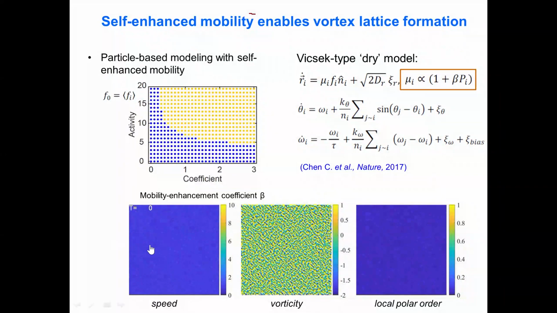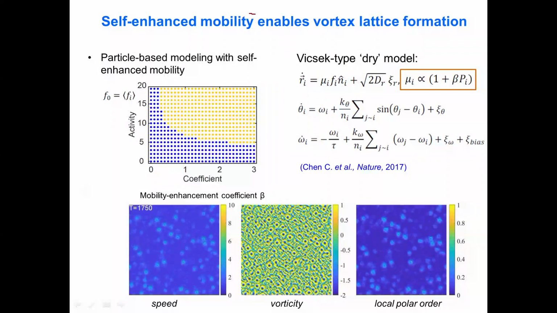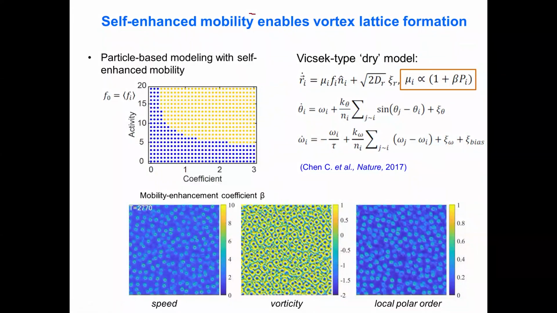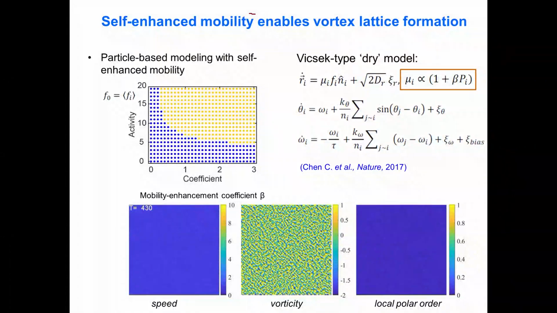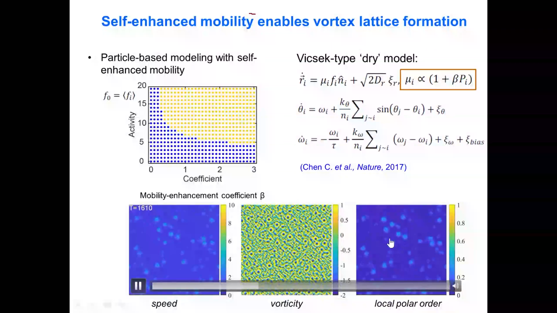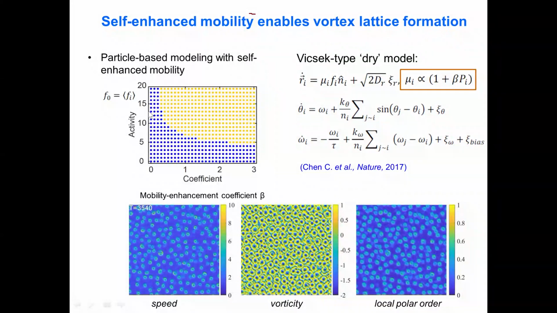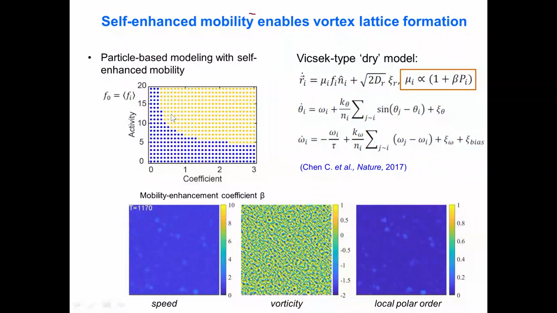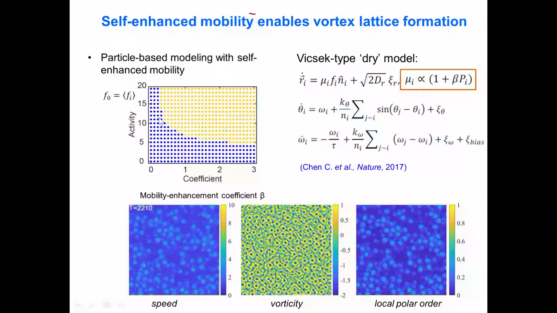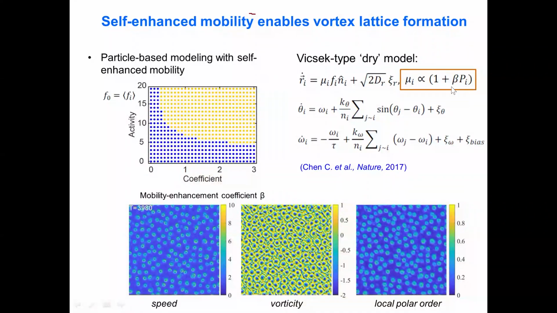Here is an example of such a simulation. Starting from a randomized configuration, this model gradually evolves a lattice of stable vortices. And the development of this vortex phase critically depends on the coefficient beta here.